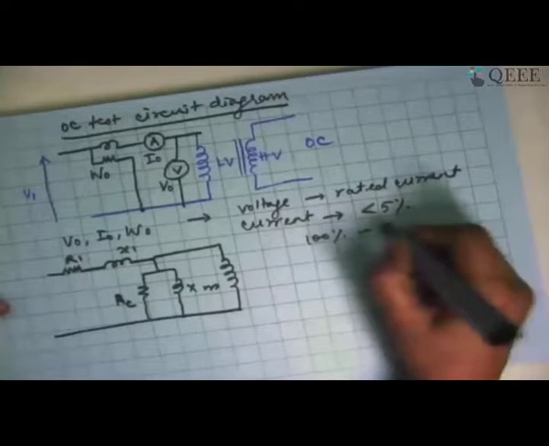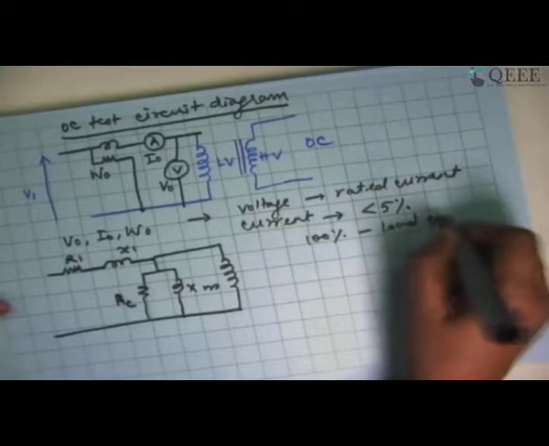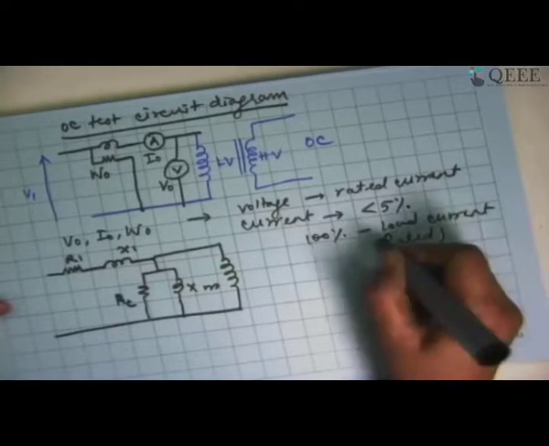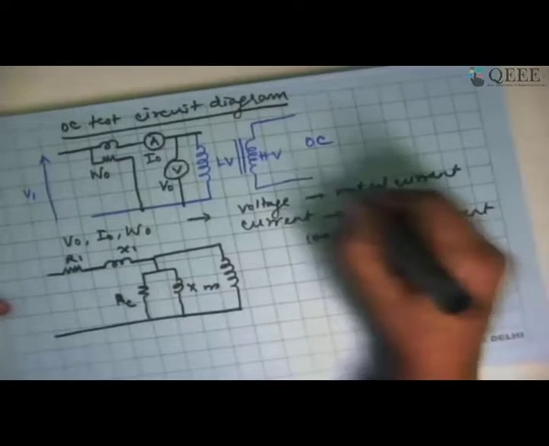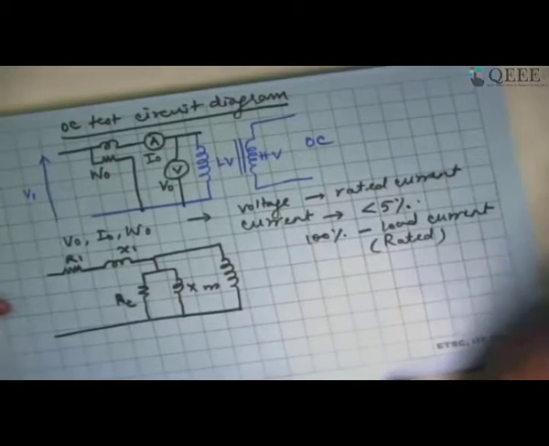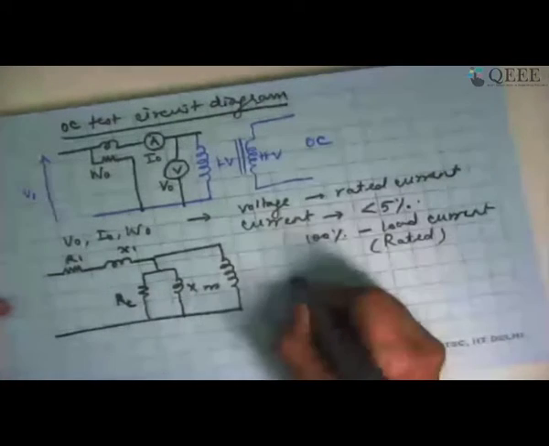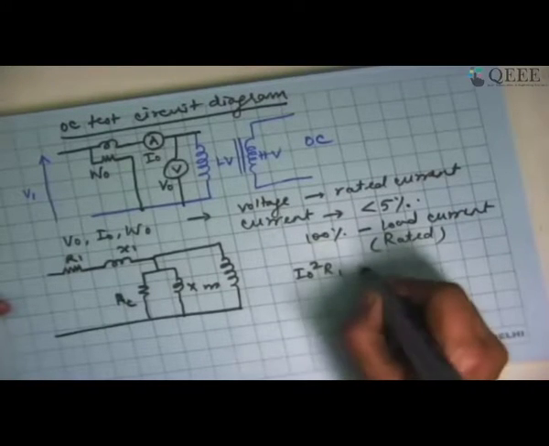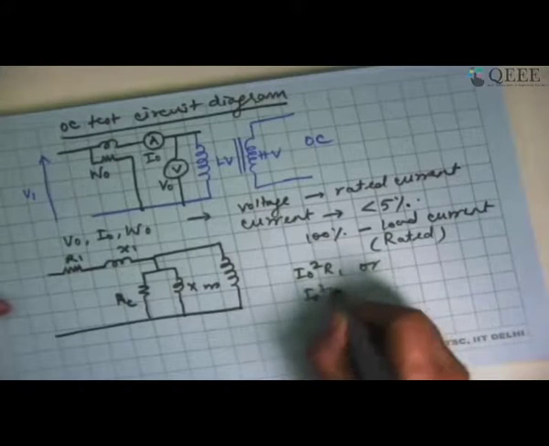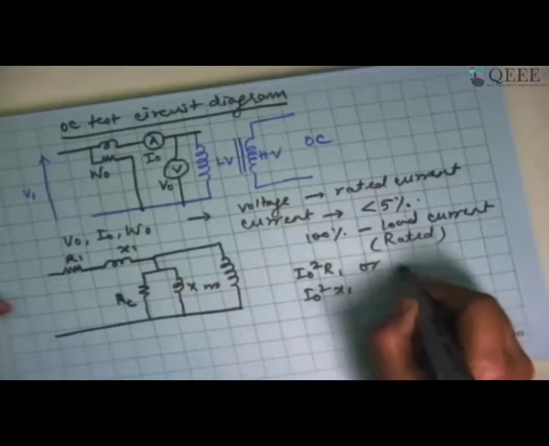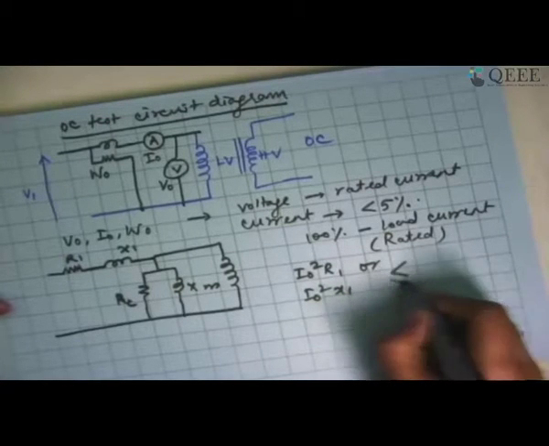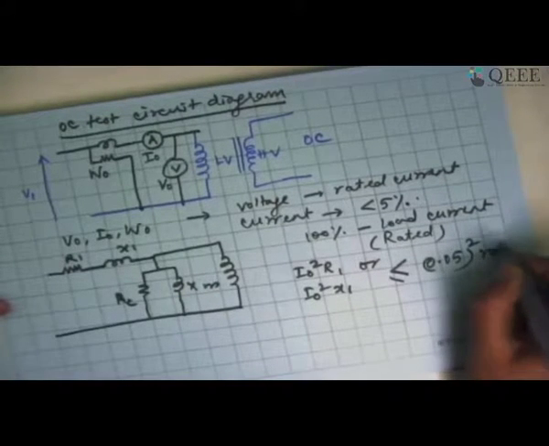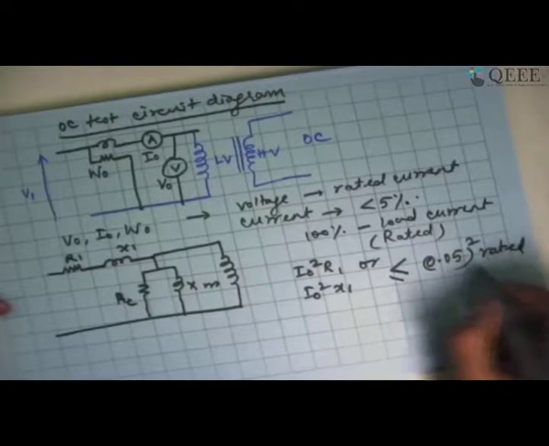So 100% will be the load current or rated current, whereas the current flowing under open circuit test is less than 5%. So I0 square R1 or I0 square X1 are going to be less than or equal to 0.05 whole square multiplied by rated dissipation.